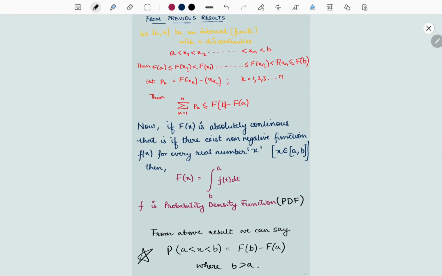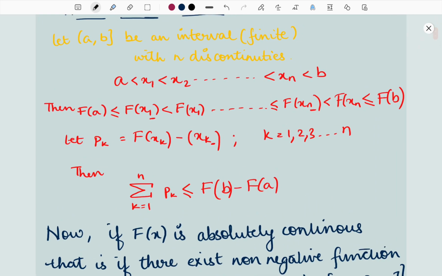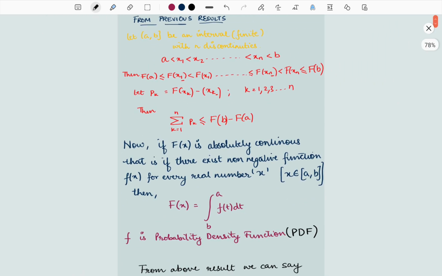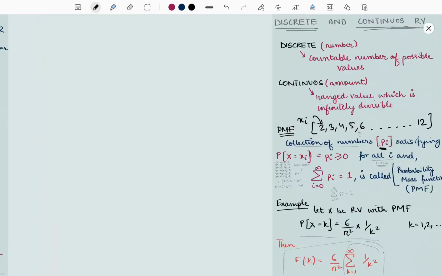from limits, we can also conclude that if an interval a to b has n finite discontinuities, let us name those n discontinuities x1, x2 up to xn. All those discontinuities will lie between the interval. So a is of the least magnitude and b is of the highest magnitude. So from this we can say f of a will be less than, here we are using this property.